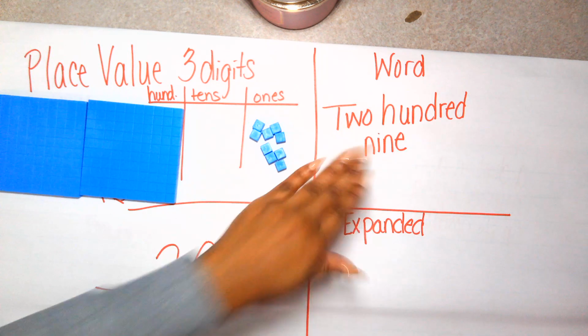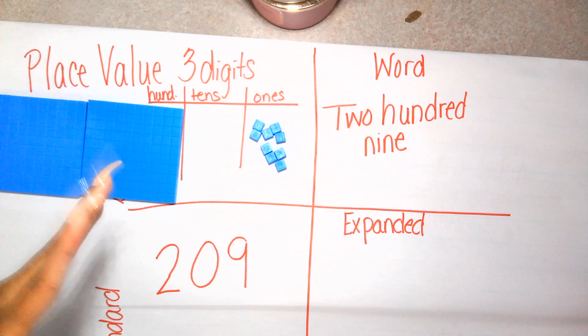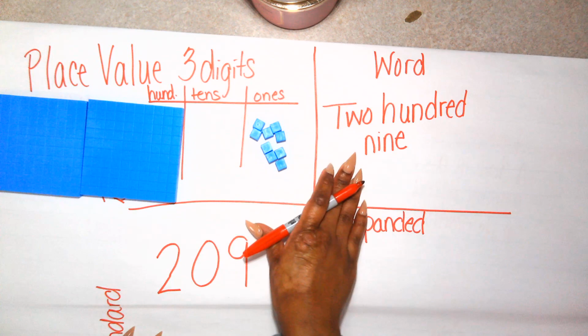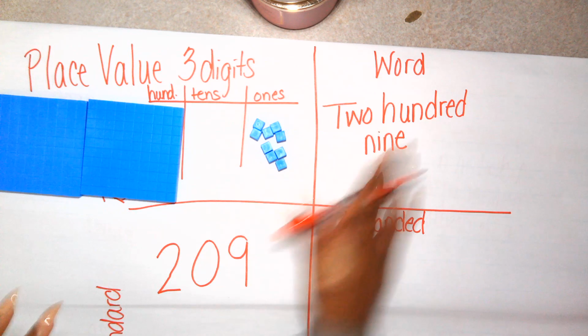So it should just be two hundred nine, three hundred nineteen, four hundred thirty-seven. It should not be four hundred and thirty-seven. That means something completely different in math. Sometimes we make mistakes and say "and" because it's just something we're used to doing. However, the correct way to say our regular whole numbers would be two hundred nine.